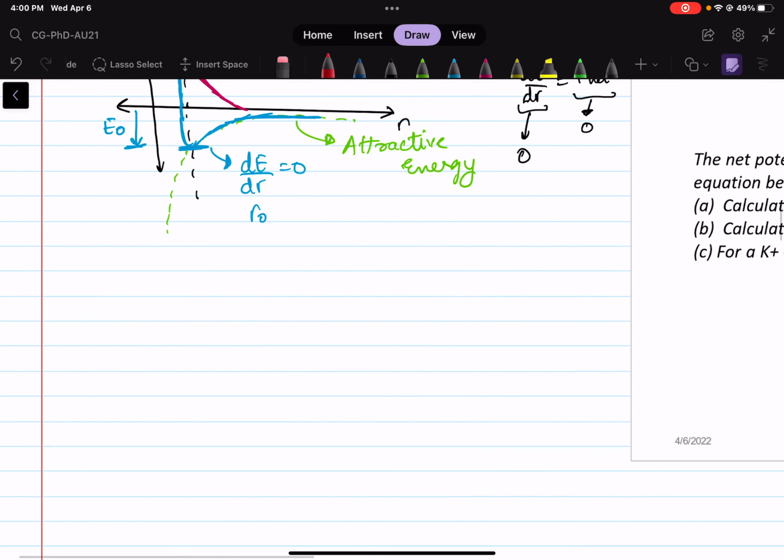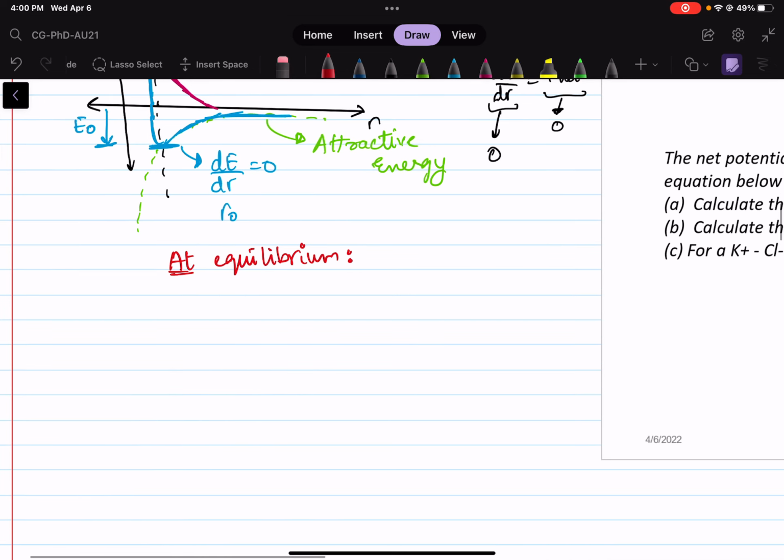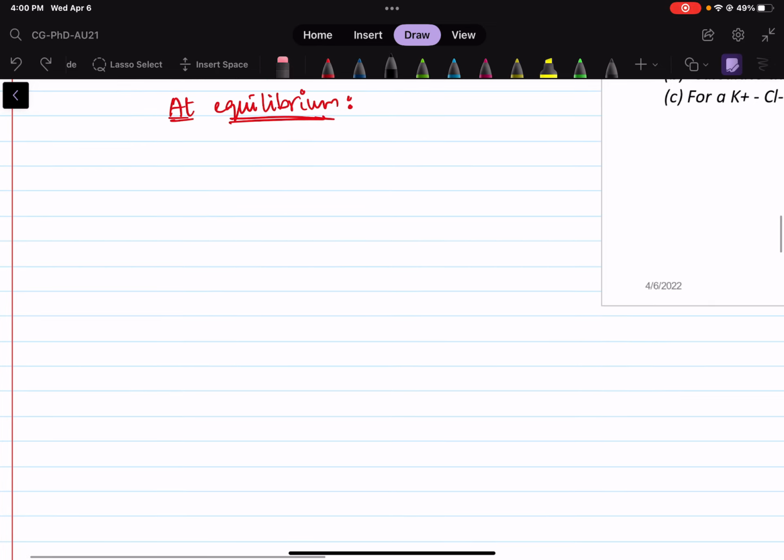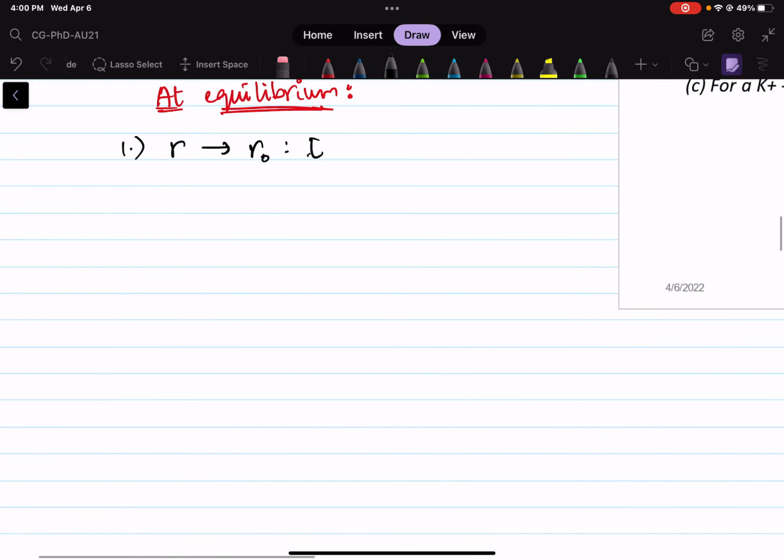So an important point to note here: at equilibrium, very crucial to remember these ideas or these points. The first thing is that at equilibrium, your R is referred as R naught, which is also called as the equilibrium separation.